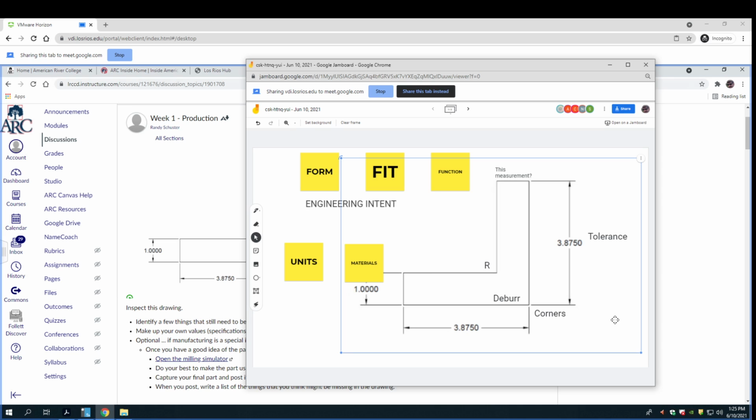Now, normally in an architectural drawing, it's to the nearest 1/8 inch, and that's just sort of an architectural standard. And so you don't have to write it down all the time. You don't have to say this is 5'3" plus or minus 1/4 of an inch or 1/8 of an inch. You don't have to do that. But in mechanical drawings, you do.